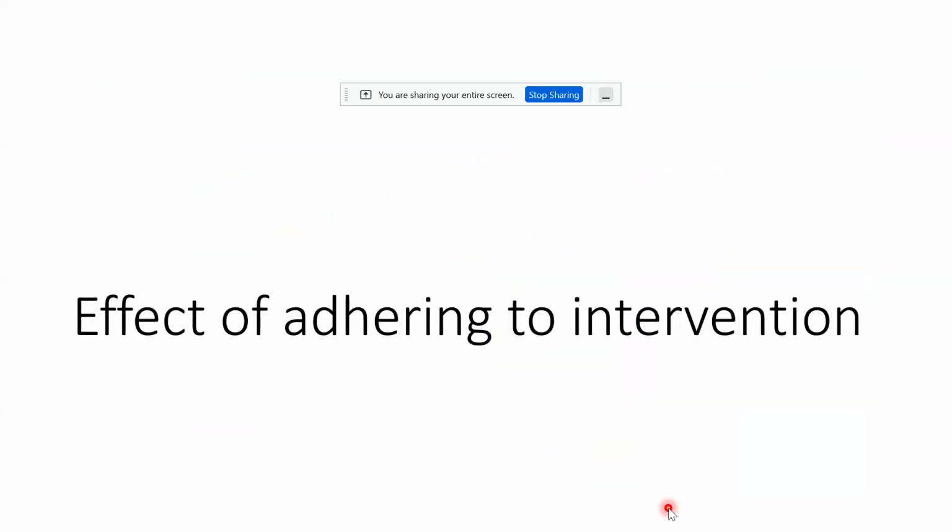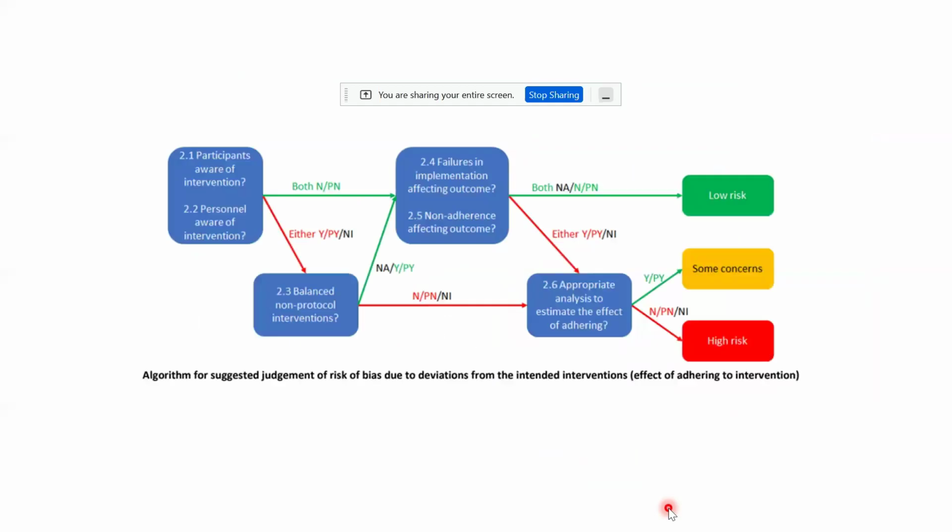Now, how will we assess domain 2 if what we want to see is the effect of adhering to intervention? If we want to see the effect of adhering to intervention, this is the algorithm. So, our first question again is: are patients aware of the intervention, are personnel aware of the intervention?